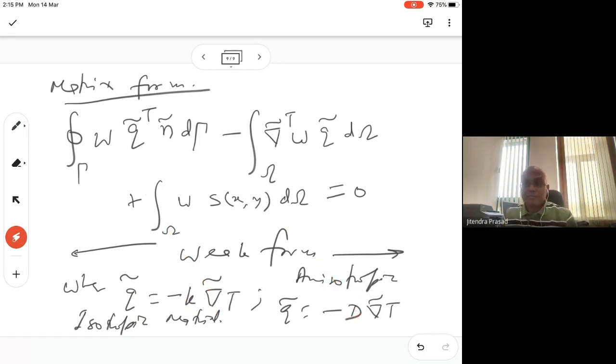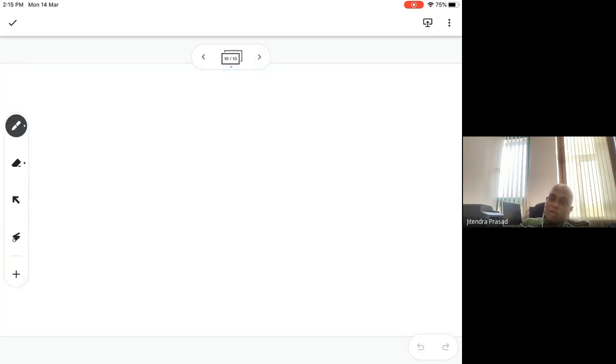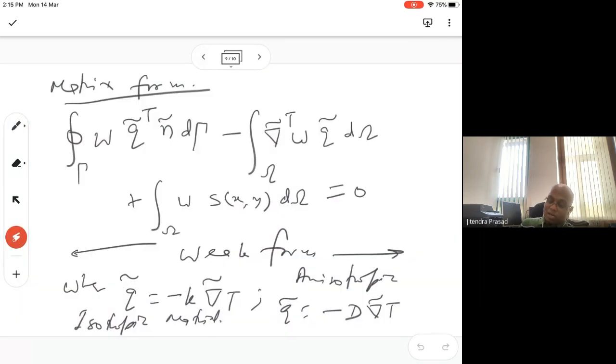So anyway, given this, the next thing is how to solve the problem. Solving the problem means that you have to assume some value, right? So let's solve for the isotropic case. For isotropic, you know that we have this case, so we can solve accordingly.